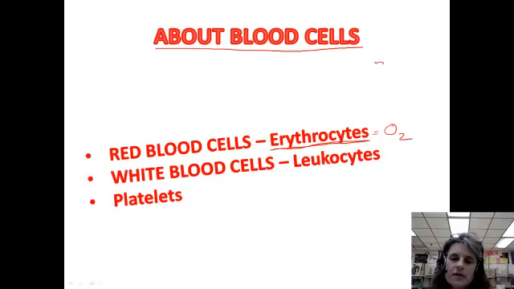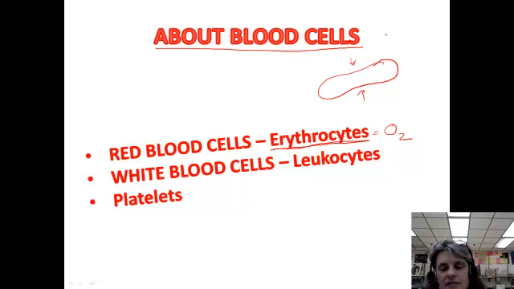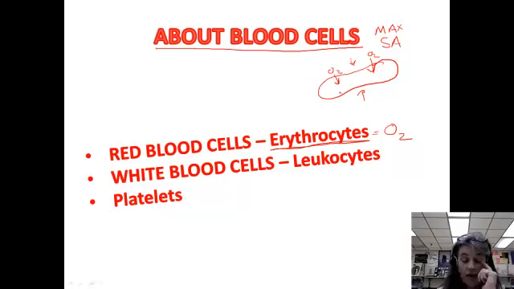A red blood cell is kind of a disc-shaped thing, a flattened biconcave disc, kind of squished in on both sides. The reason is that makes it have the maximum surface area, and that allows more O2 to diffuse into the cell more efficiently because it has so much surface area for its volume. So that's why red blood cells are shaped the way they're shaped.